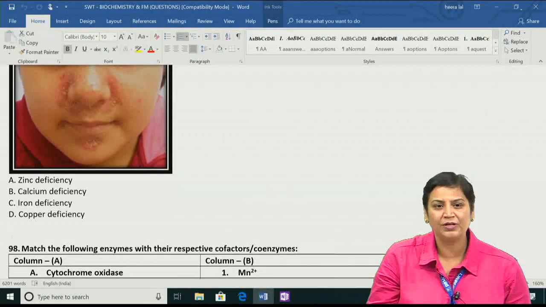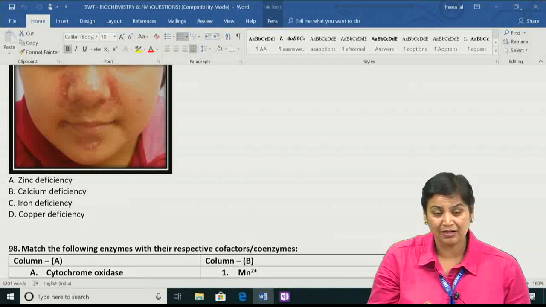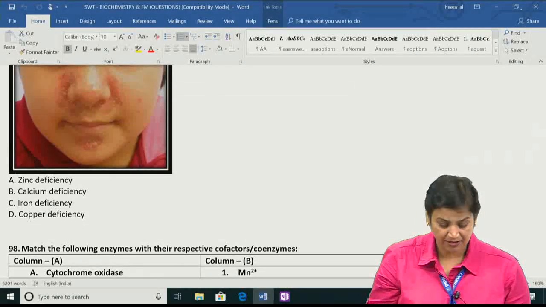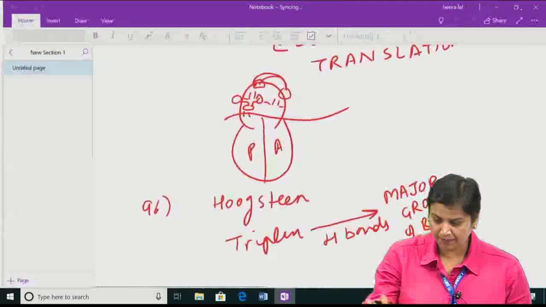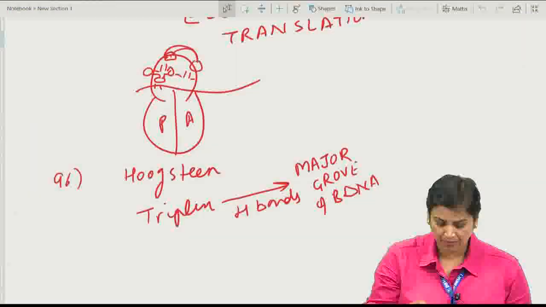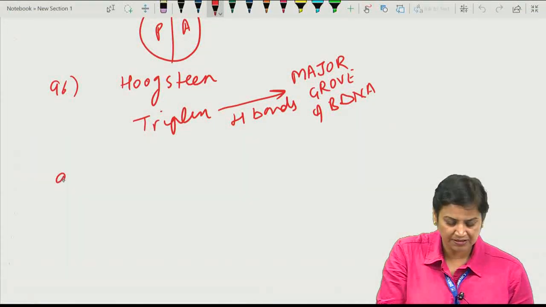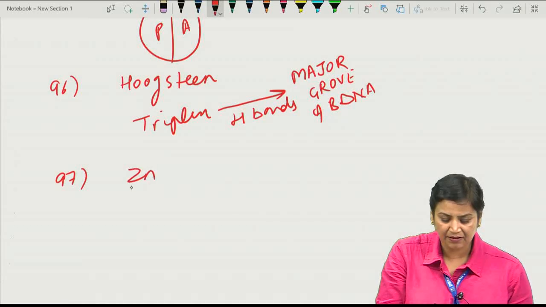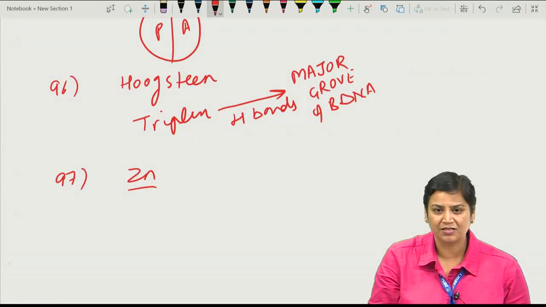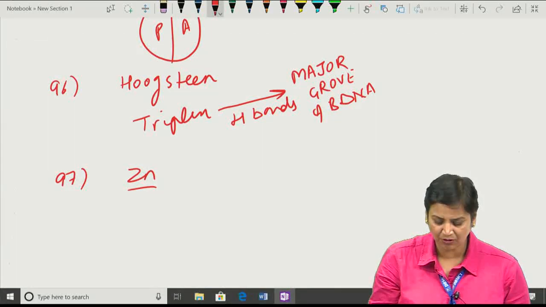Acrodermatitis, alopecia, diarrhea, these are very important manifestations. So the answer here is deficiency of zinc, leading to rashes which become red in color. The disorder is acrodermatitis enteropathica.